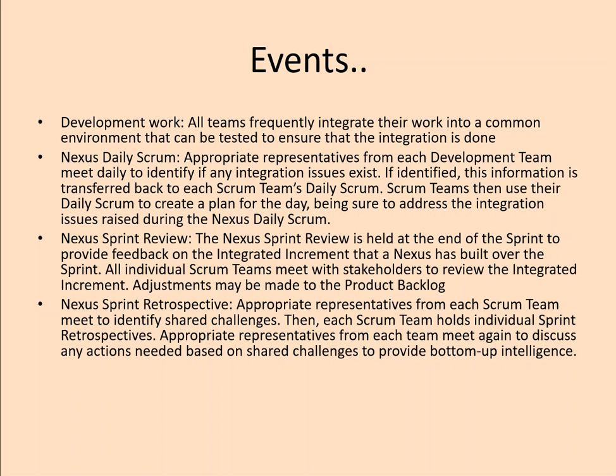Appropriate representatives from each Scrum team will participate in this meeting. Each Scrum team holds an individual sprint retrospective, and these representatives from each team will discuss the matter with their team, and any actions needed based on the shared challenges will be taken in the coming sprints.